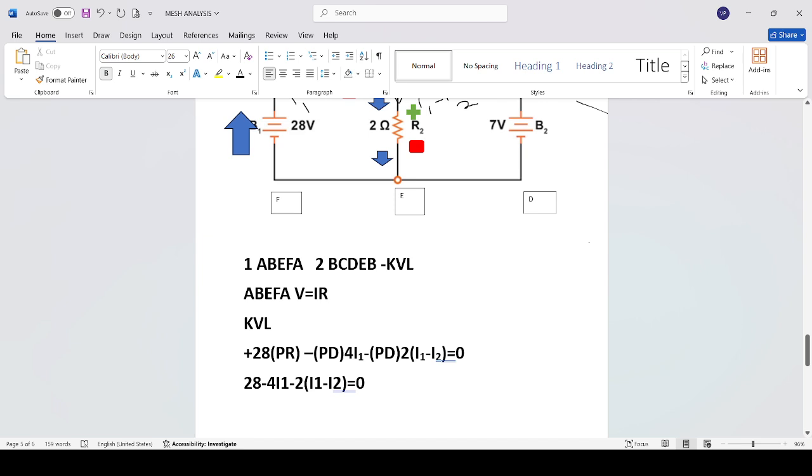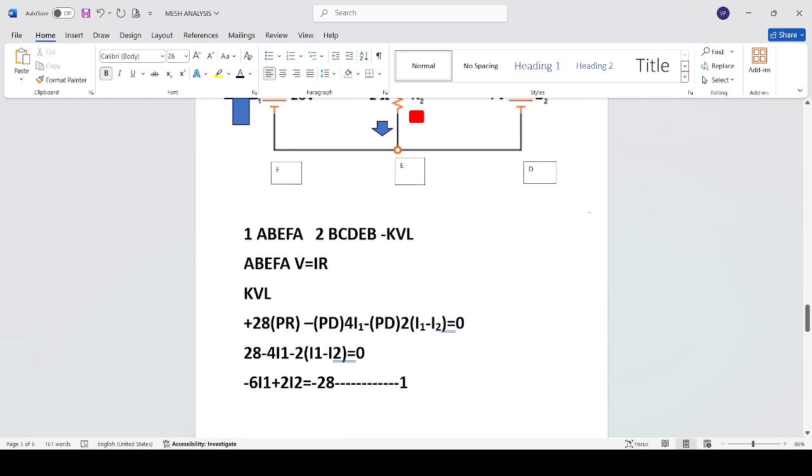That is minus 6I1 plus 2I2 equal to minus 28. So this is the first equation, equation number 1.